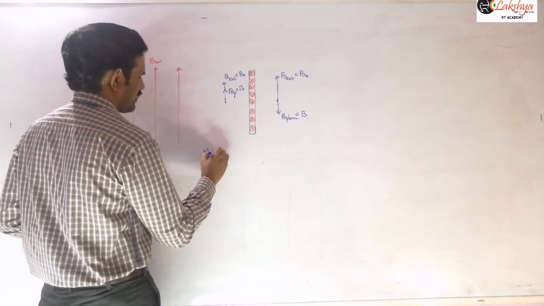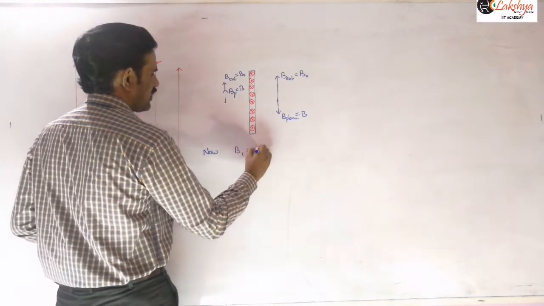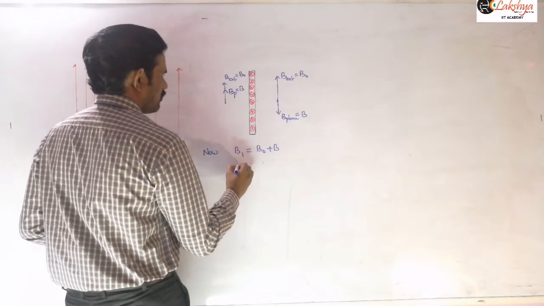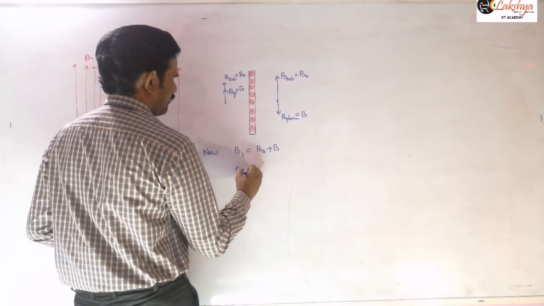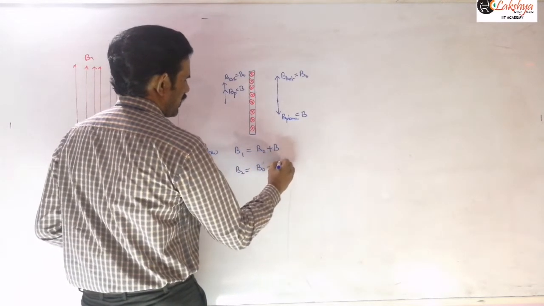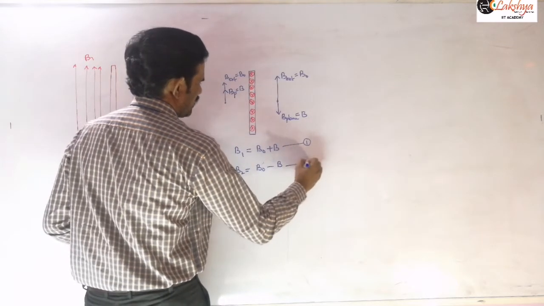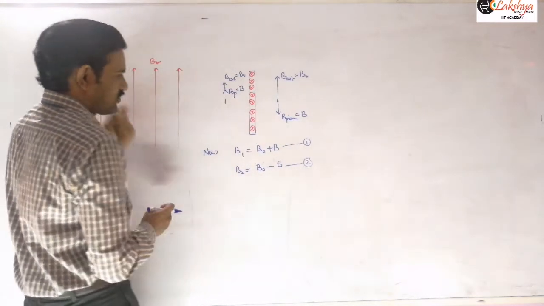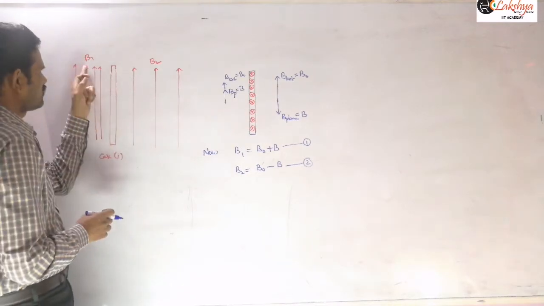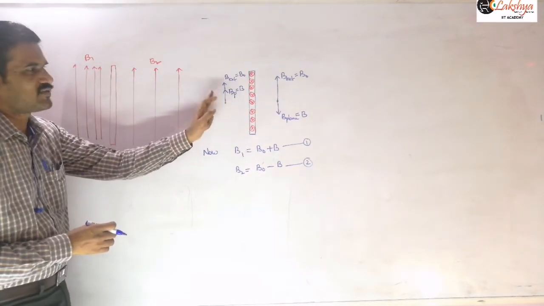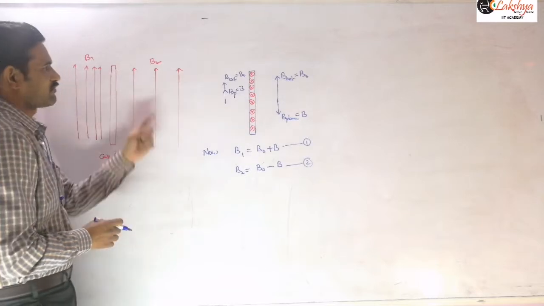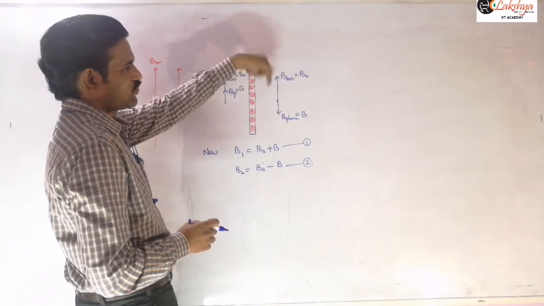Now we can write B1 is equal to B naught plus B, and B2 is equal to B naught minus B. Say this is equation 1 and this is equation 2. Is it clear? B1 and B2 values I am representing by using this. B1 is nothing but the resultant magnetic field on this side, B naught plus B. B is the magnetic field due to that plane we are assuming, and B2 is the magnetic field due to this here.